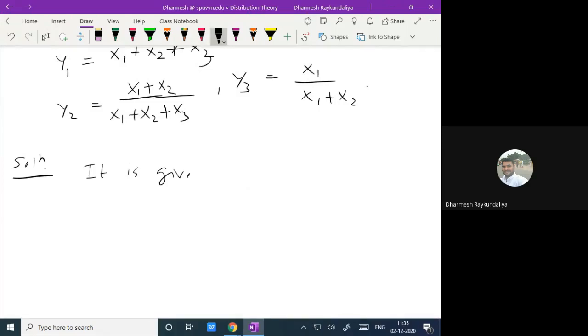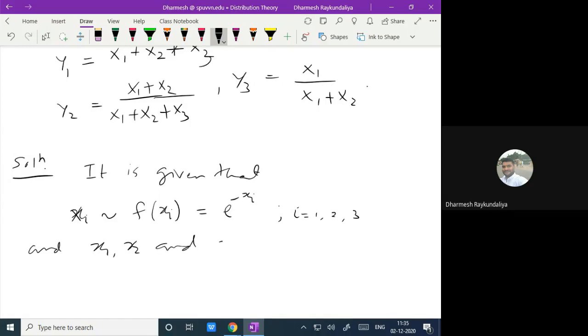It is given that xi follows f(xi), which is nothing but e raised to minus xi, i equal to 1 to 3, and x1, x2, and x3 are independently distributed.